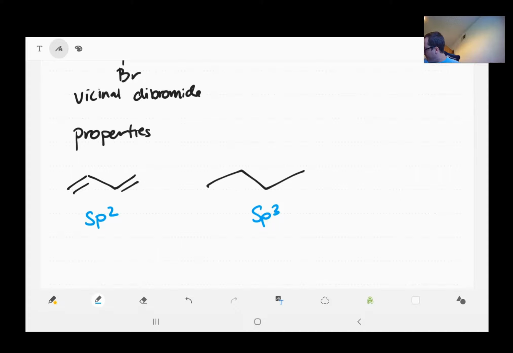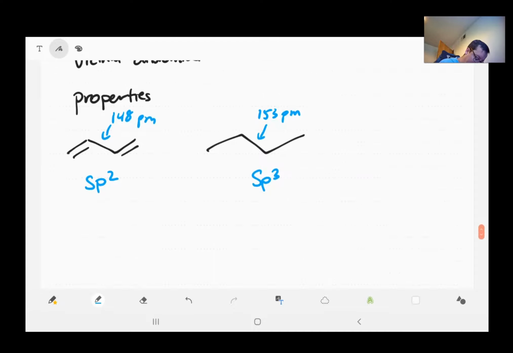I have some numbers for us here. It's interesting to note, while these are both carbon-carbon single bonds, they do have different lengths. The one with our double-bonded system is actually a little bit shorter. 5 picometers shorter. Not very much. Tiny amount.